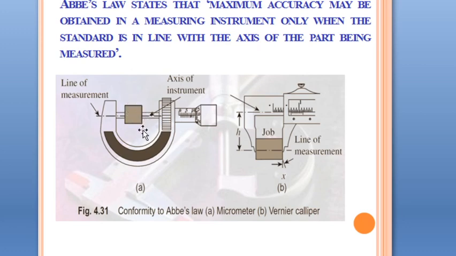The center of the work part will be placed in the center of the anvil and spindle. Here the external dimension is measured with a vernier caliper, placed in the center of the jaws. The center of the axis is placed here. Therefore, the accuracy is high in measurement.